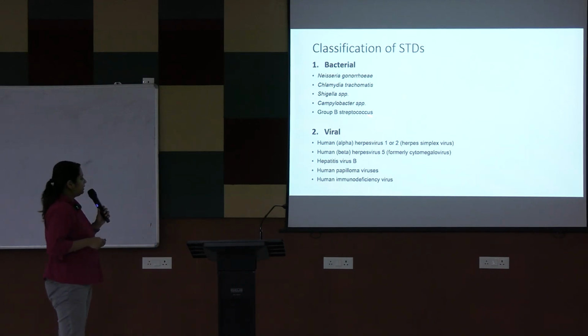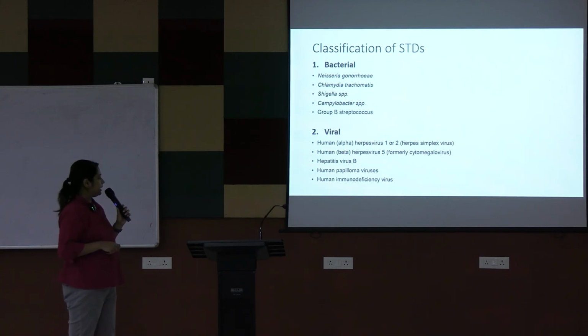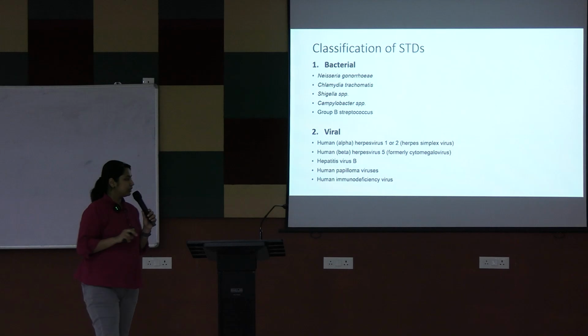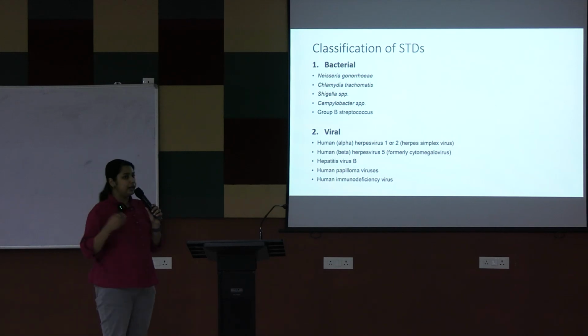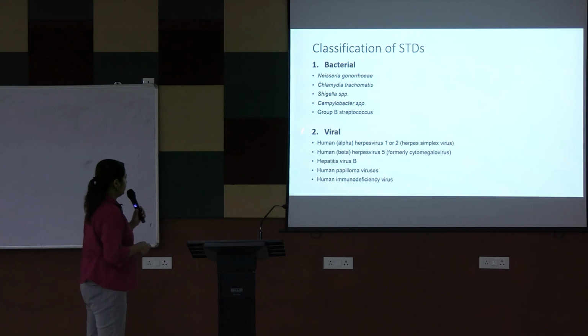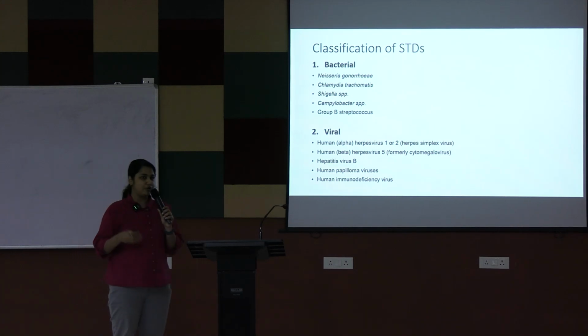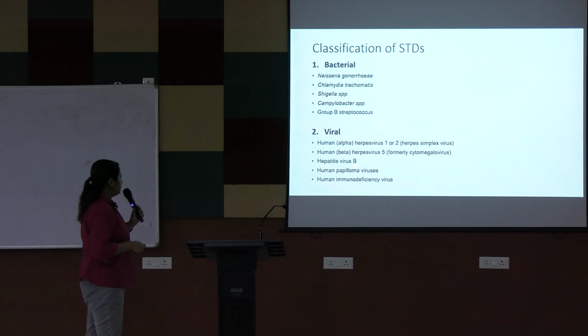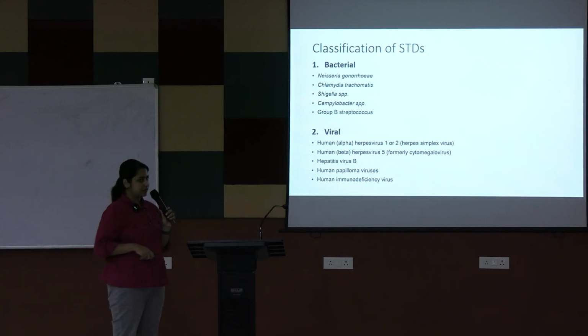Then under viral, there is the herpes simplex virus, that is HSV1, HSV2. Mainly HSV2 more than HSV1 is transmitted by sexual contact. Then human herpes virus 5, formerly known as cytomegalovirus, hepatitis B virus, human papilloma virus and HIV.